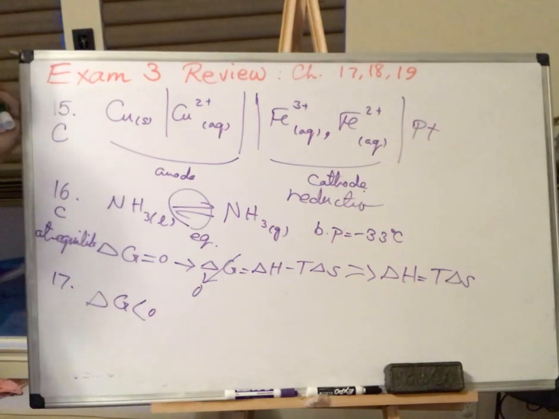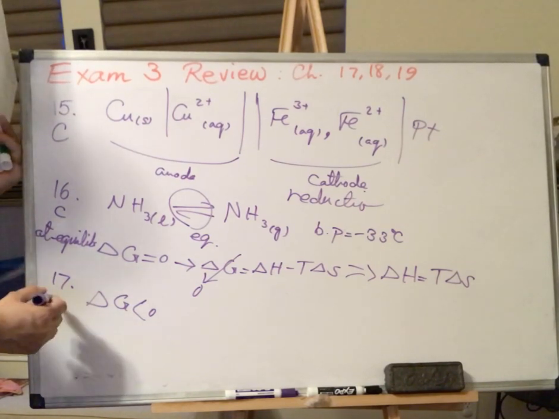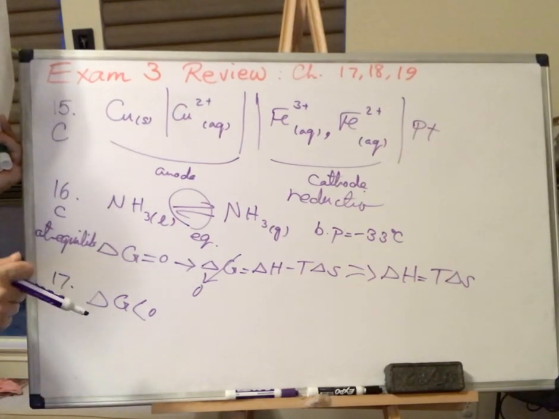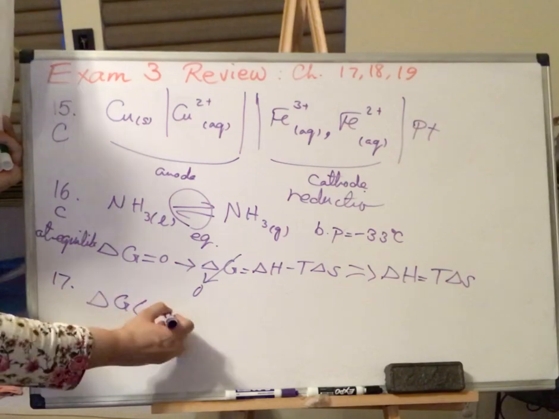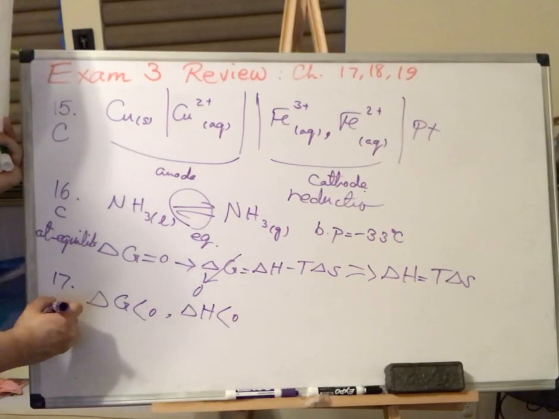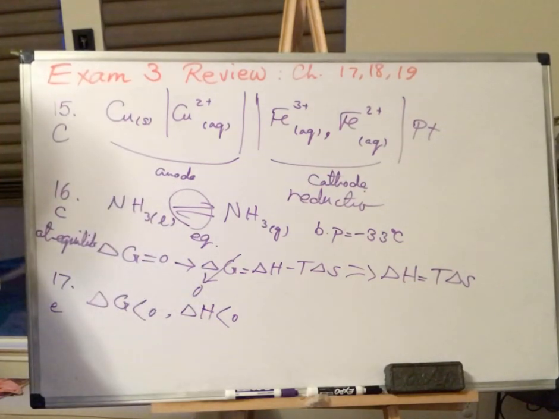So we are either working on answer choice C, D or E. The difference between D and E is that delta H is positive, endothermic, for D, but delta H is negative, or exothermic, for E. We need an exothermic reaction to be both favorable for spontaneous reactions. So E is the correct answer for question number 17.